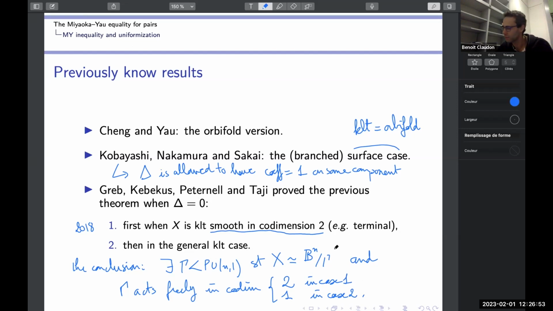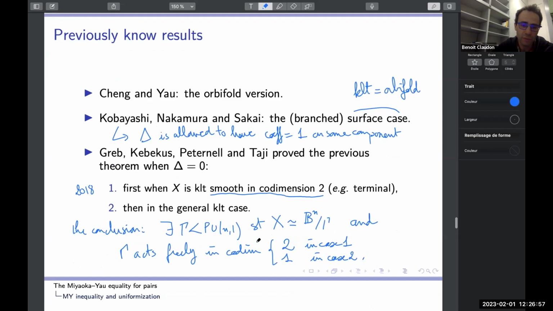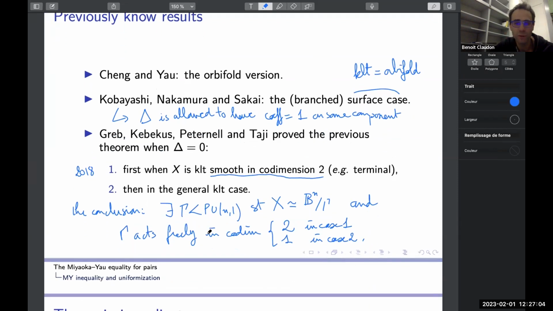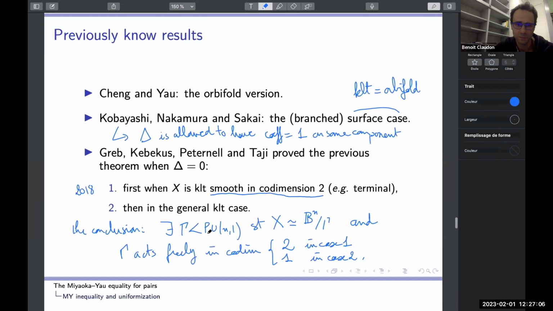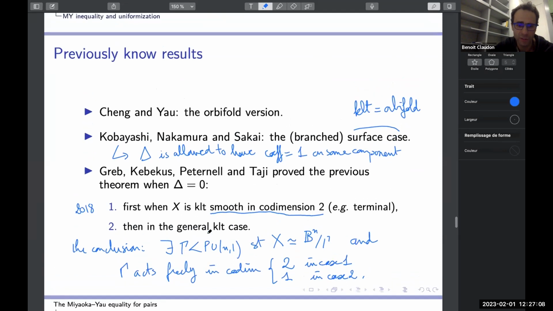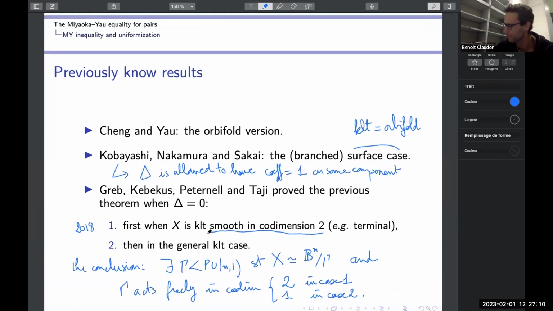And at least as far as I'm concerned, I really wanted to drop this freeness assumption, and that's why we have to work in the pair setting.